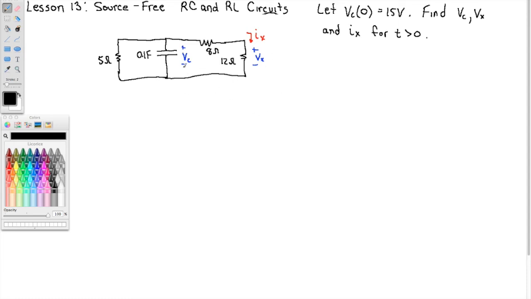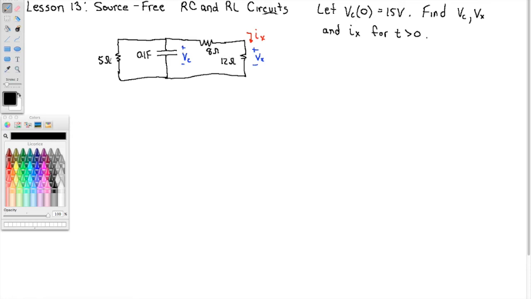All right, well, the trick here is to put the circuit in the form of the previous example. All right, so let us do that. We've got the 8 ohm resistor in series with the 12 ohm. So that makes 20.